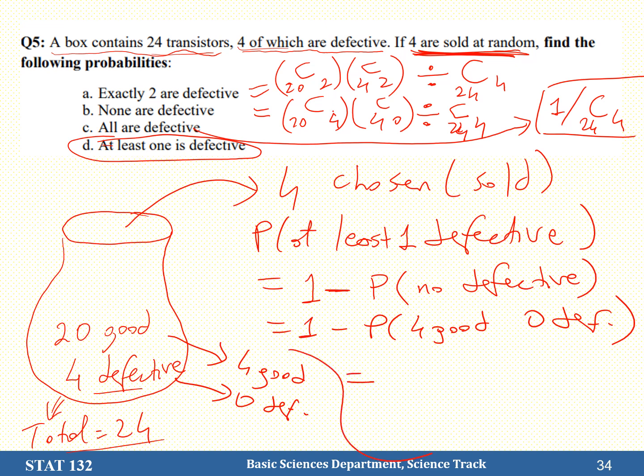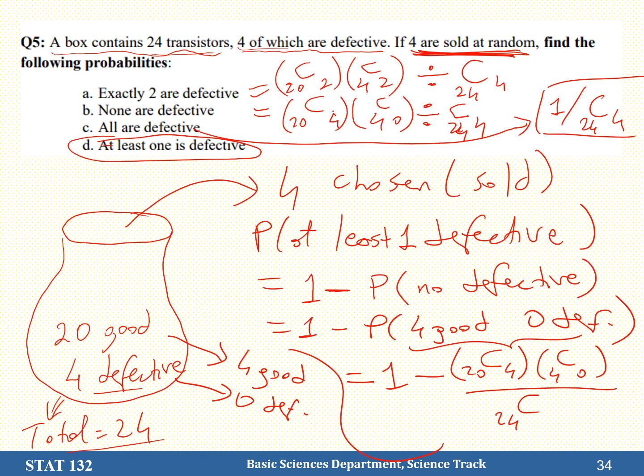So then we can write it this way: 1 minus the probability of this, which is 20 choose 4 times 4 choose 0 divided by 24 choose 4. So this will be the probability for D. And you can do the calculations and get the results here.